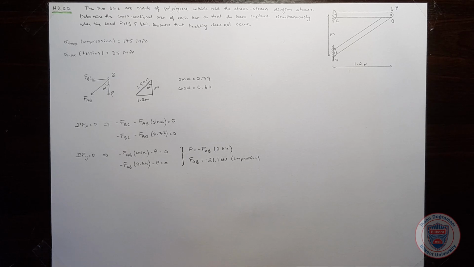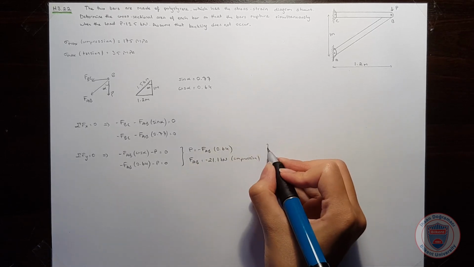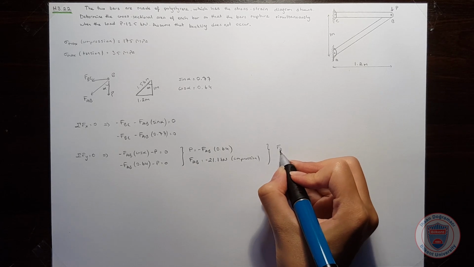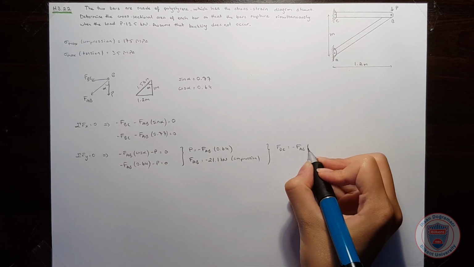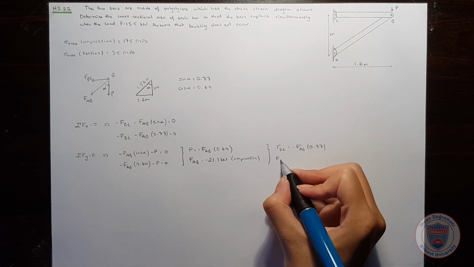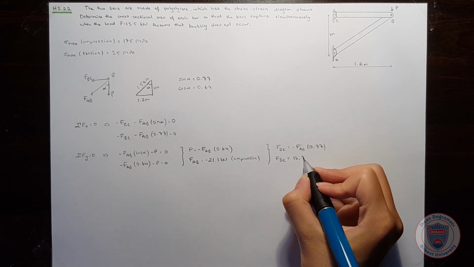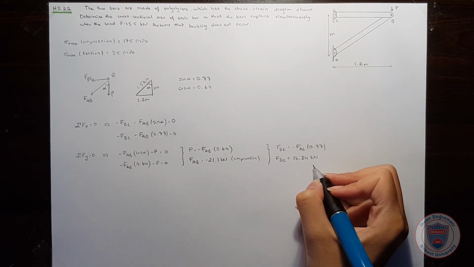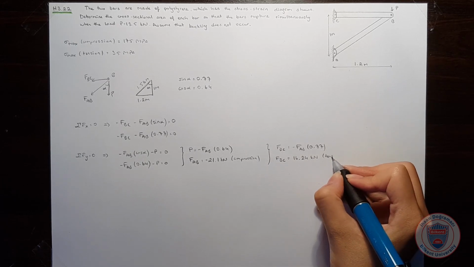Since we know FAB, we can calculate FBC too. We know that FBC is equal to minus FAB times 0.77, and this will give FBC as 16.24. So this is positive, and we can say that this is tension.